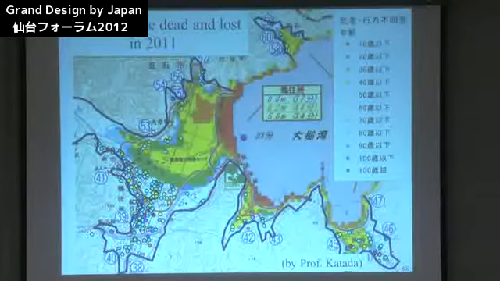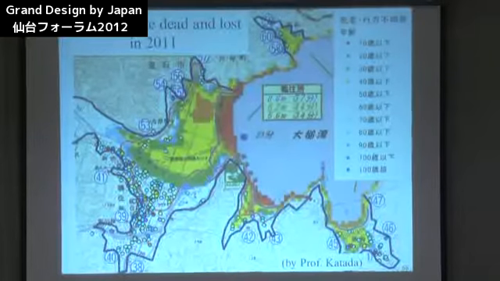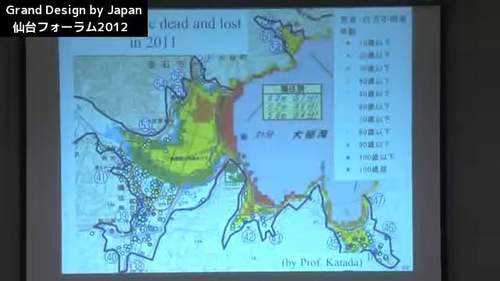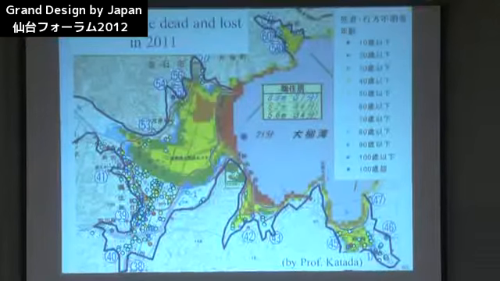All the school children were safe, but many other people were killed. 86% of the dead lived just outside the inundation map. So many other people considered that, yes, we live outside the expected inundation area, so we are safe.